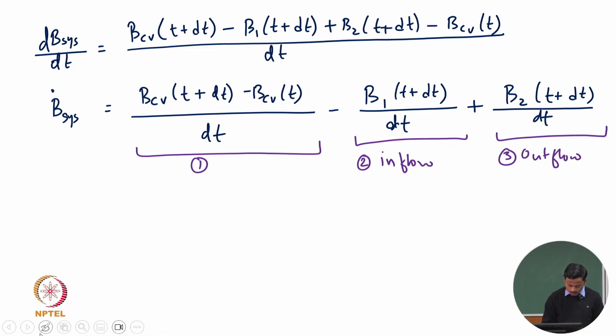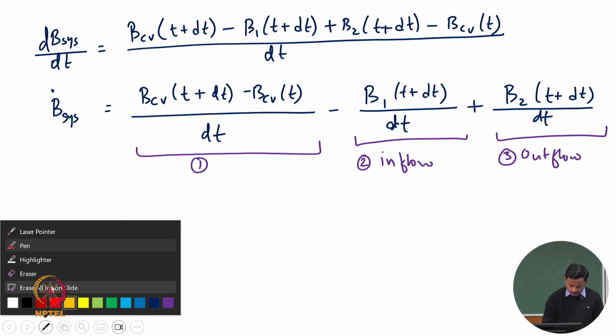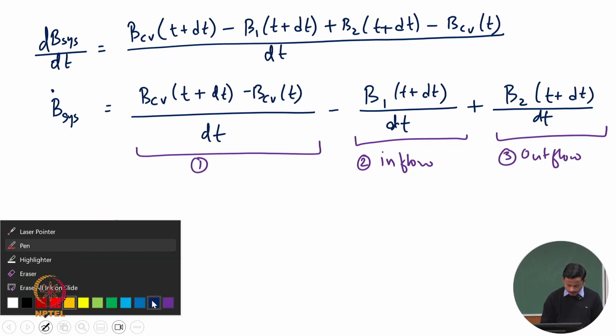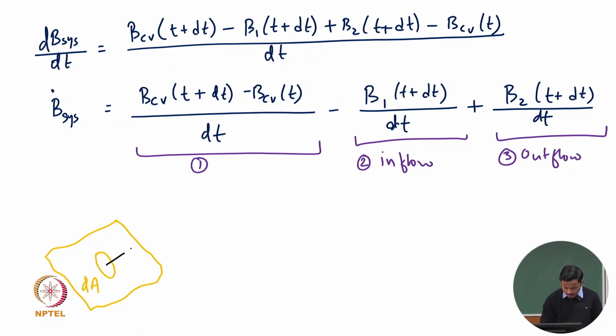To make it slightly more generic, let us take a surface like this, and let us take an infinitesimal area whose value is dA, and n cap is the direction perpendicular to the area element.